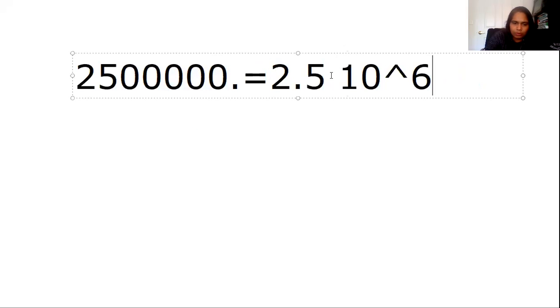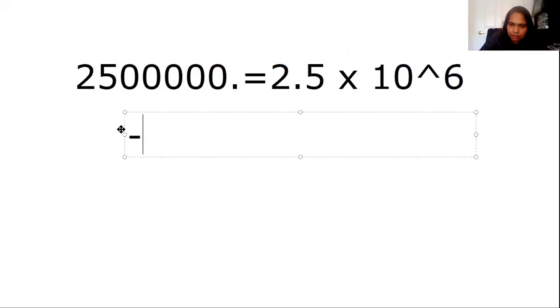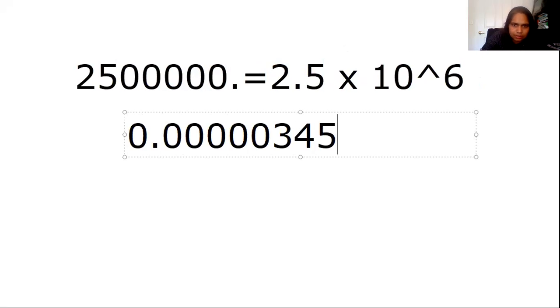Now, instead of this, if we have something like, let's say, 0.000345, something like that, then the decimal is over here, right? So you're going in the backward direction, to the right.